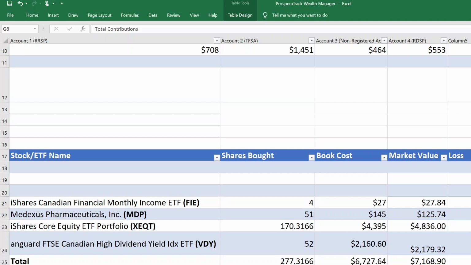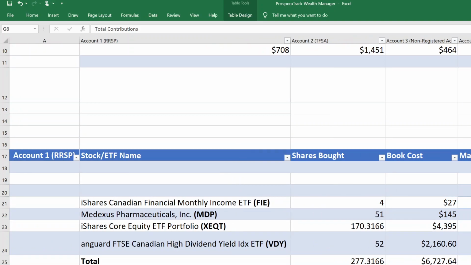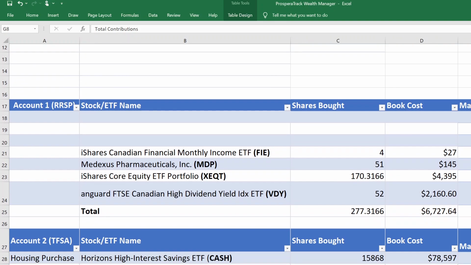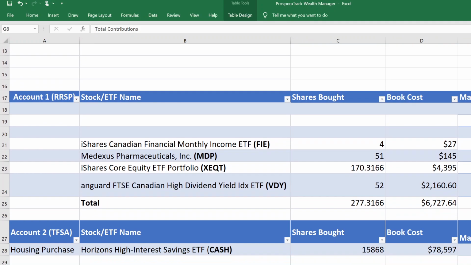So let's get into seeing what is actually in each account and the value of each asset in the different accounts. In my RRSP, as you can see, I currently own iShares Canadian Financial Monthly Income, which I have 4 shares of.